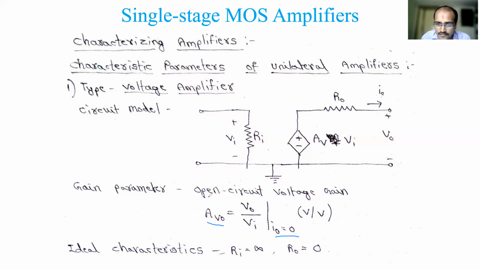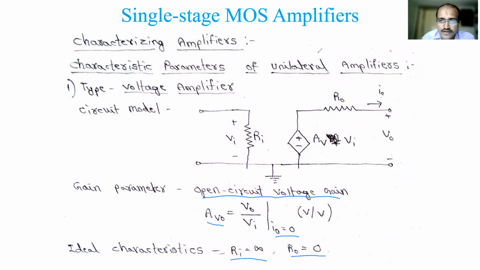That's why it is called open circuit voltage gain. This is the definition for the voltage amplifier. The ideal characteristics of a voltage amplifier are that its input resistance is very high and output resistance is very small. Input resistance is ideally infinity, and R0 is 0. So this is about the voltage amplifier, and the parameter here is the open circuit voltage gain.